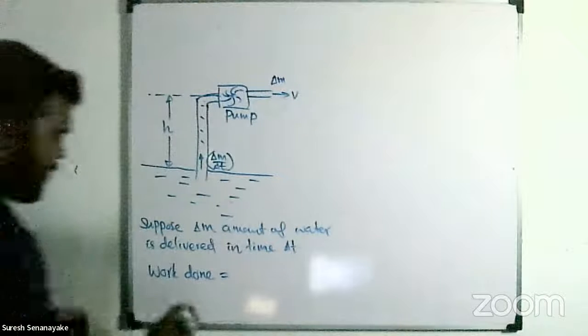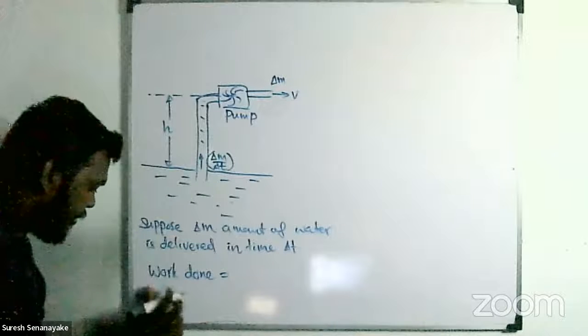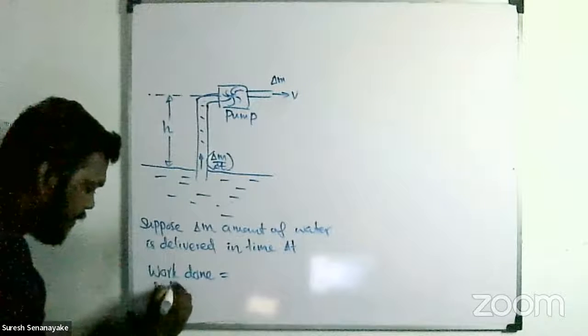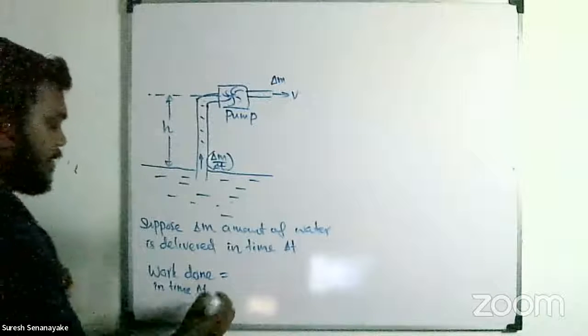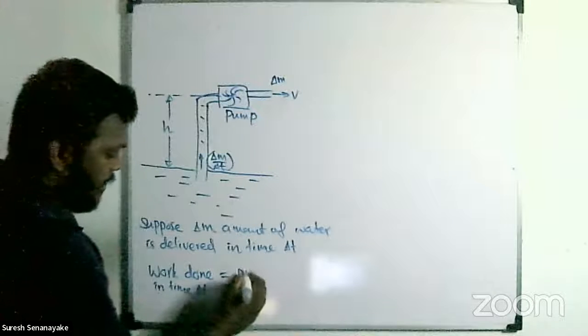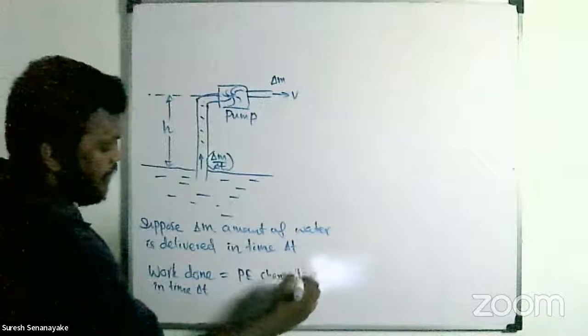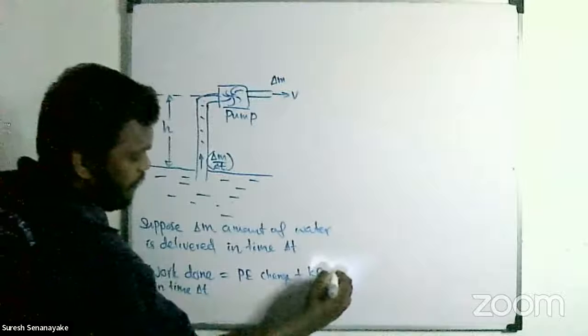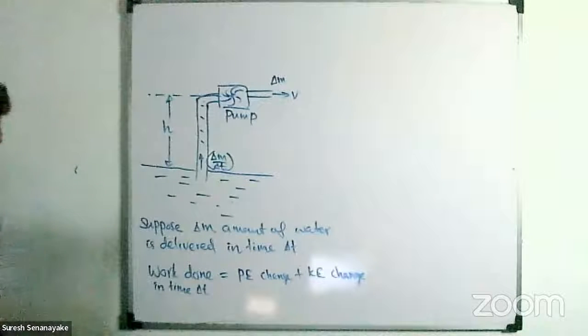So then I'll write that the work done in time delta t is the potential energy change plus the kinetic energy change, right?